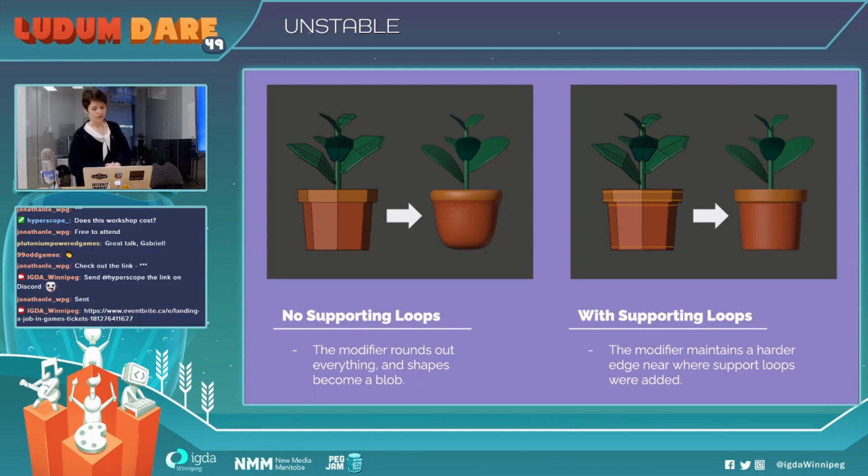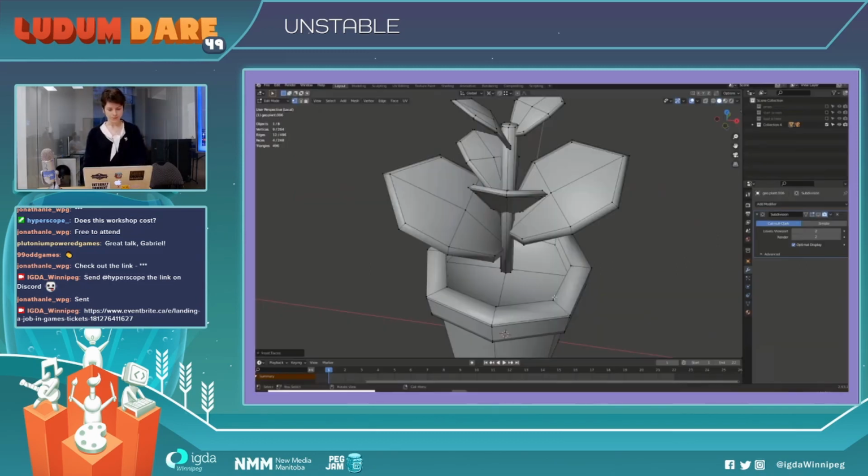It's not what you want. So for the modifier to work nicely, you have to add what's called supporting loops, and it will maintain some of the shape where you would like it. As you can see on the wireframe on the right, I added a few extra loops highlighted in yellow that define where the model should stay rigid.